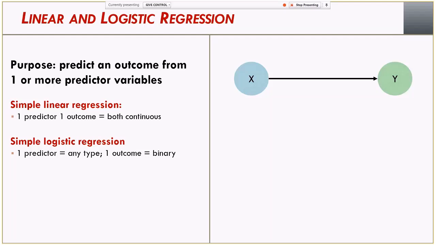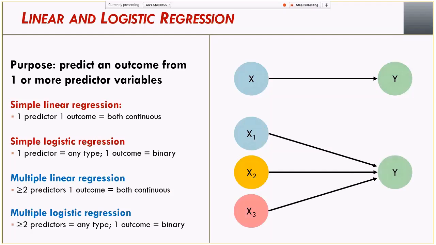To step it up a notch, you can also have multiple linear regression and multiple logistic regression. So this is an extension of the first example. In this case, the multiple part of multiple linear and multiple logistic just means that you have more than one predictor that you're interested in. So 2 or more predictors, you can have 10 predictors, you can have 20, it doesn't matter.